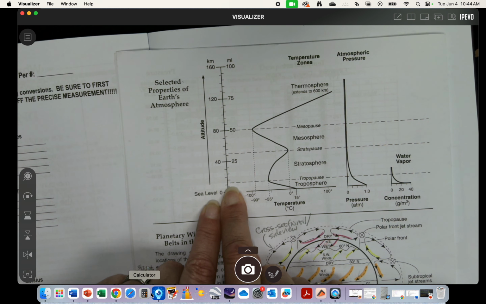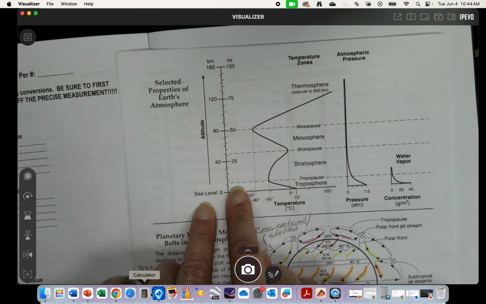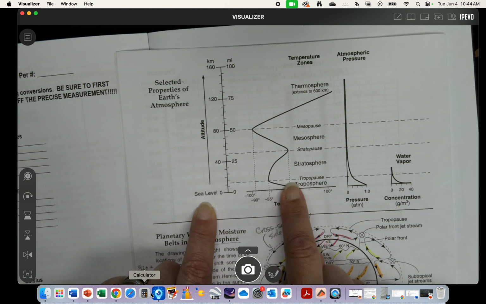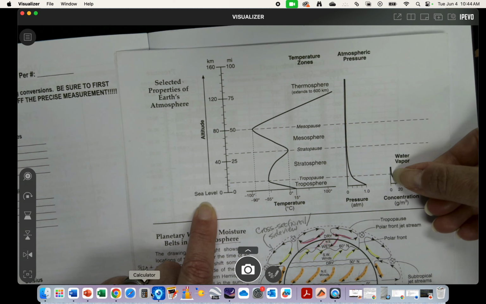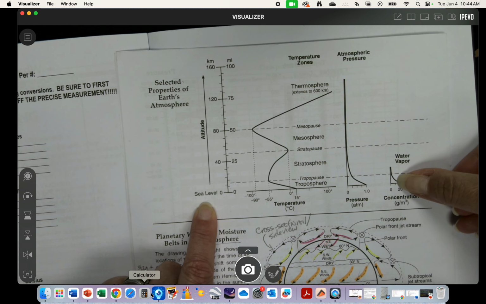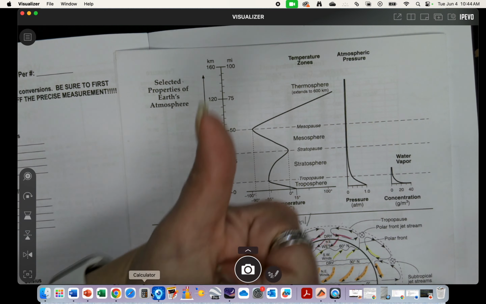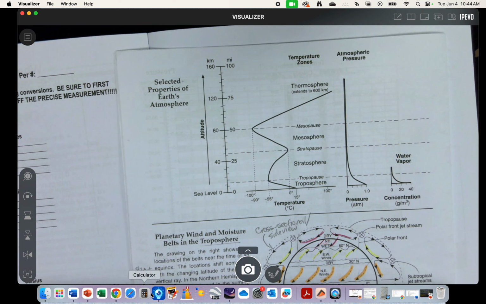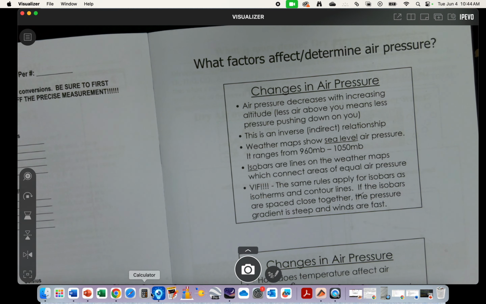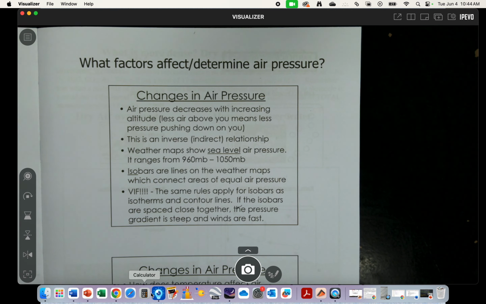That's about the height where planes fly, right? 25 to 35,000 feet. We're still in the troposphere, right below the tropopause, but look what's happened to the pressure. If we go straight down, it's about 0.2 atmospheres. So as altitude increases, air pressure decreases. This is what kind of relationship? This is an inverse relationship.